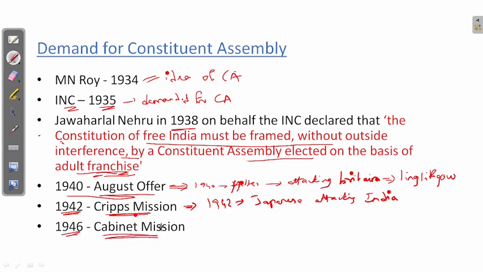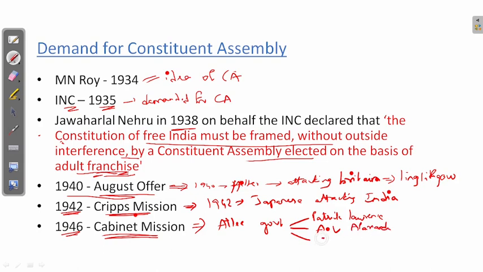Next, in 1946, the Cabinet Mission. The Attlee government announced in 1946 that it would send three British cabinet members: Patrick Lawrence, A.V. Alexander, and Stafford Cripps. What were the proposals of the Cabinet Mission?